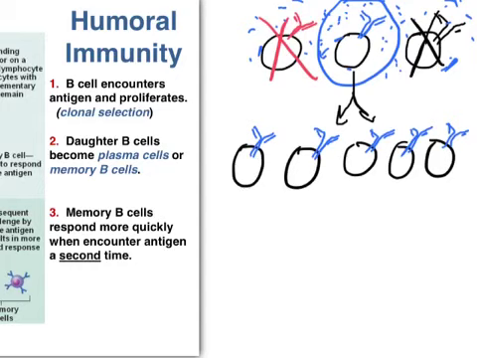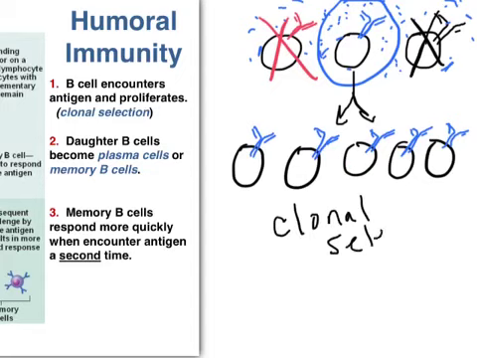So there's a selection process in which the B cells that are the absolute best at binding that antigen, they get a little bit more stimulation, and you have even more of those. This is the process of clonal selection.